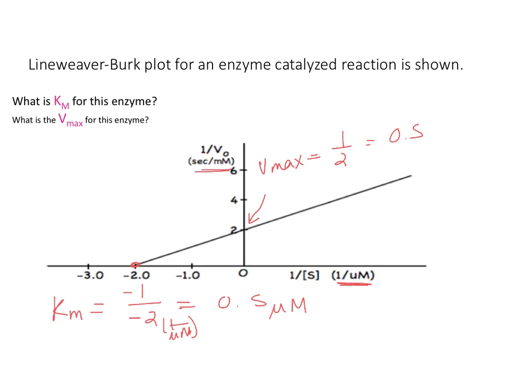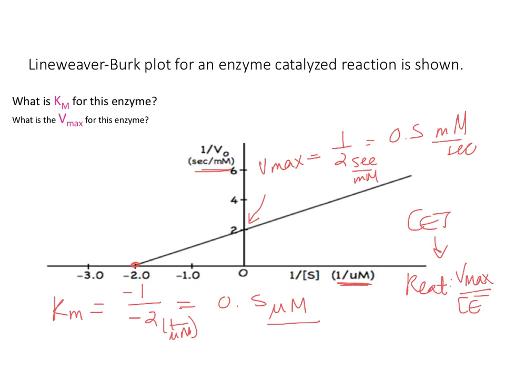So if you put second per millimolar on the bottom, when you do the math, that will also invert itself to be millimolar per second, which hopefully you recognize as the units for Vmax, and hopefully you recognize these as the units for Km. If you were given enzyme concentration, you'd be able to get to Kcat, because Kcat, remember, is Vmax over enzyme concentration.